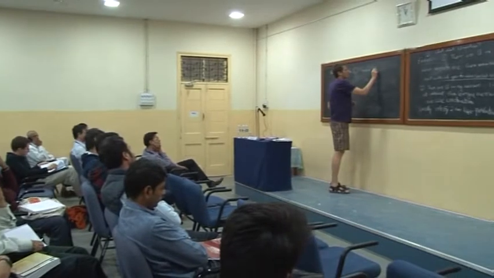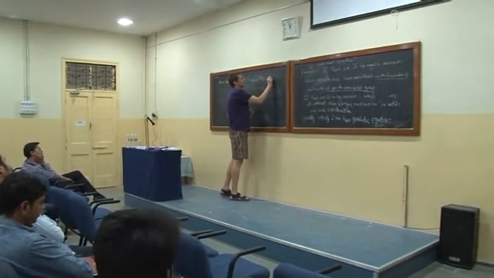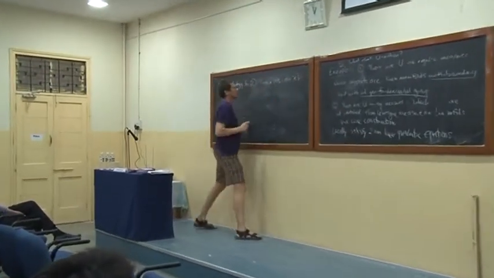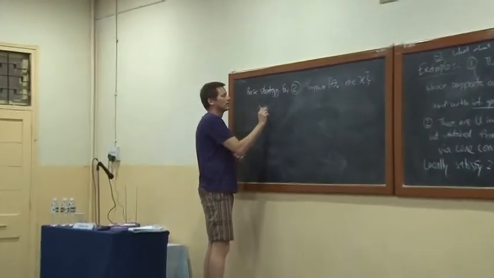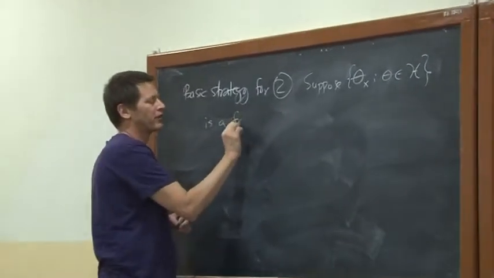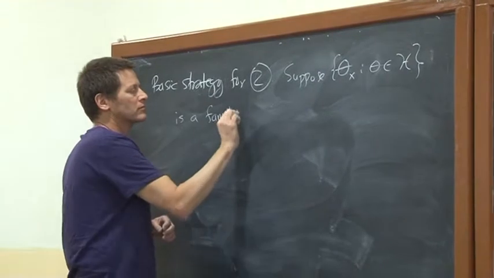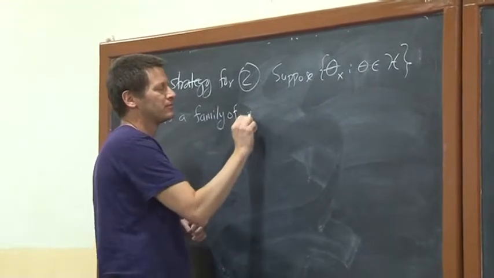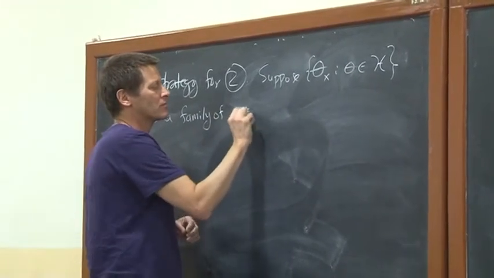Suppose theta x, for every x in H, is a family of probability measures.